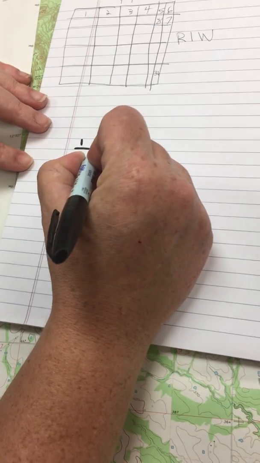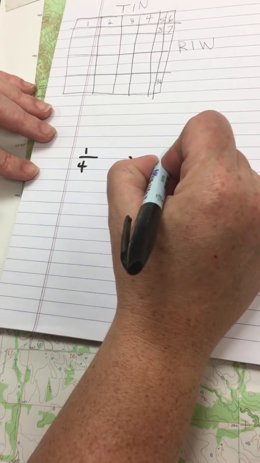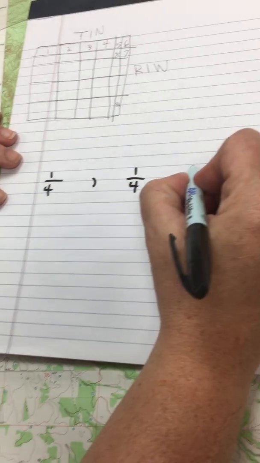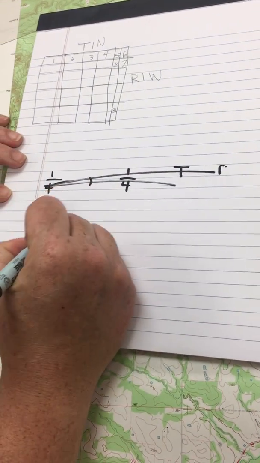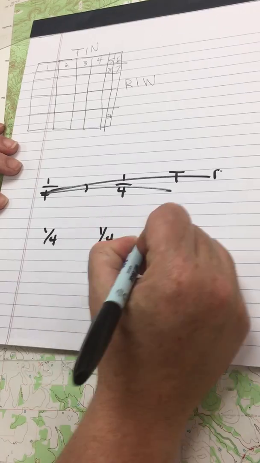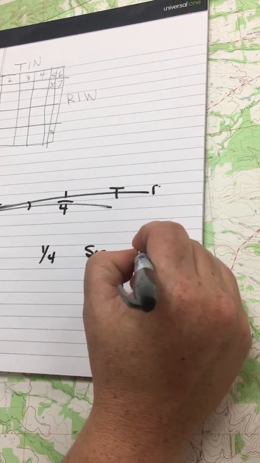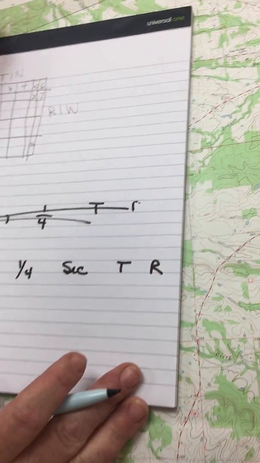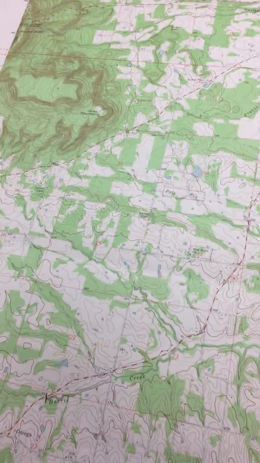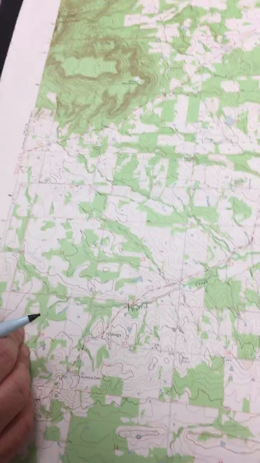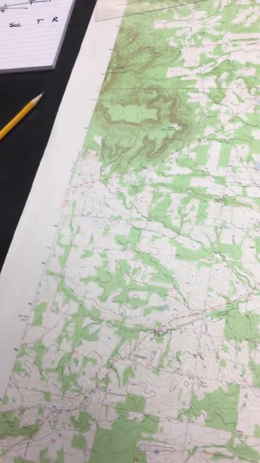So you would write it as quarter, section, T, and R. Okay, so we're going to write that down here in just a minute. So first we need to figure out, since it's backward, the township and range.